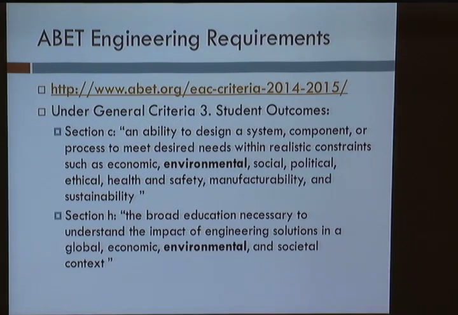This is the part that says engineers design systems that have to work and function within the real world, so they have to make things with that in mind. And that's a pretty tall order, but it's what they do. And there's another section that basically says that they need to be able to evaluate designs with those realistic constraints in mind.